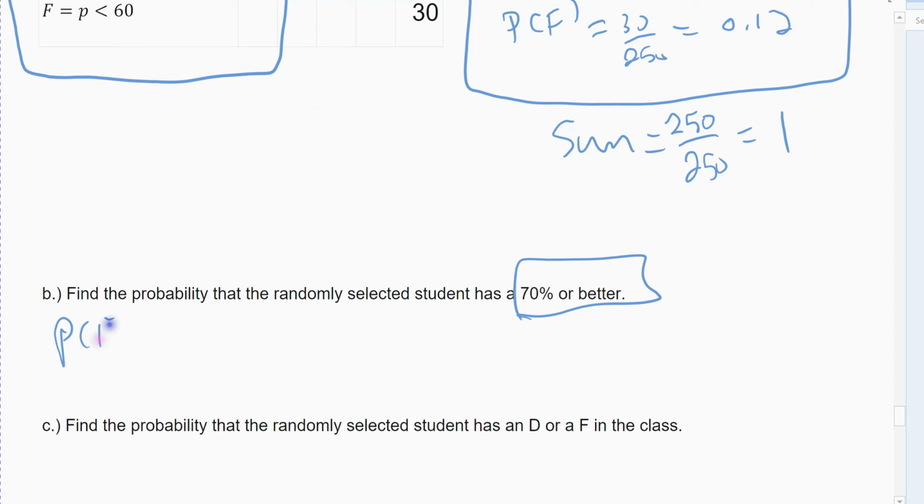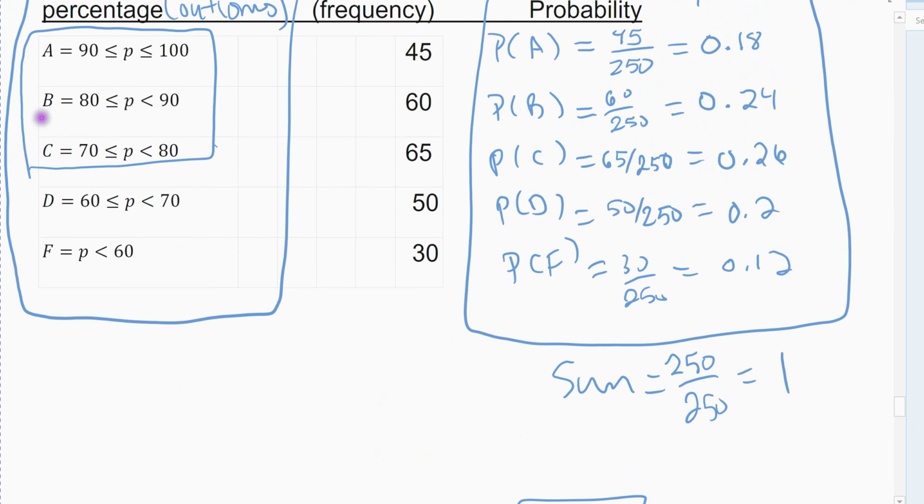So the probability of my event is to add up all of the different cases: if they're in the C group, B group, and A group. And those are mutually exclusive events. You're an A student, you're in the A group.